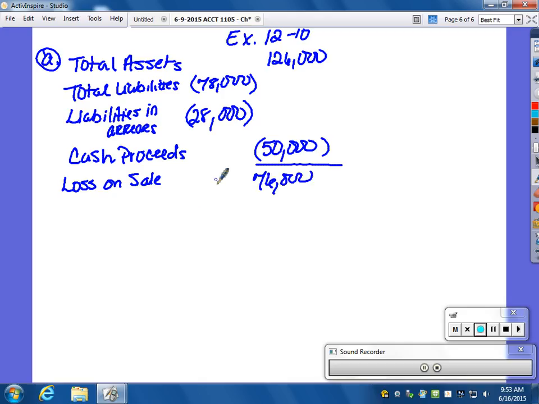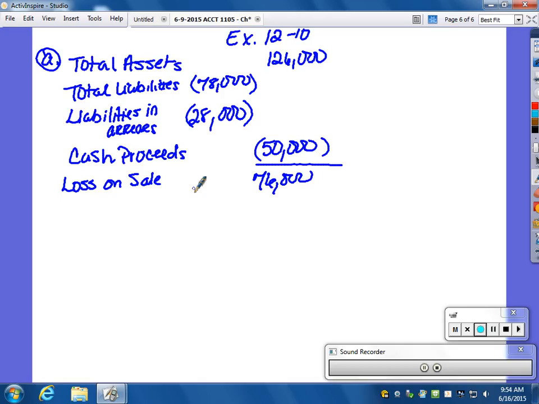76,000 was the loss on this sale. Are we clear about where that came from and what it is? In other words, they liquidated everything. All they got from it was 50,000, which is all they could pay towards that $78,000 debt, which left them with 28,000 unpaid, right?